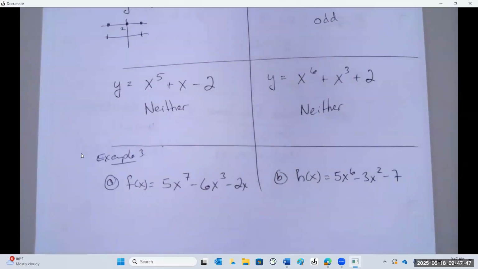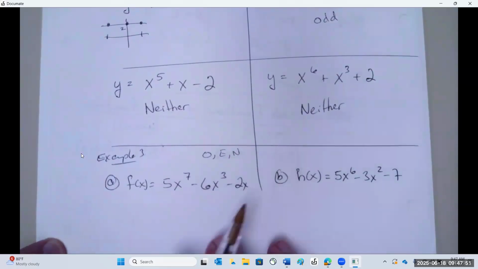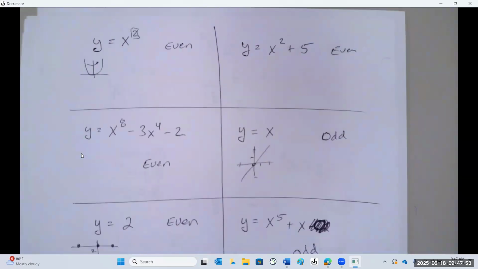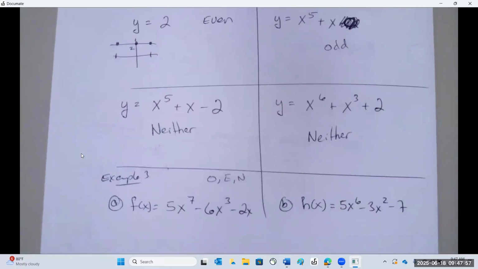Tell me if it's odd, even, or neither, with what we talked about up here. And don't guess. I don't want any guesses. If you guess automatically, you're not a mathematician. You're not even a detective of any sort.